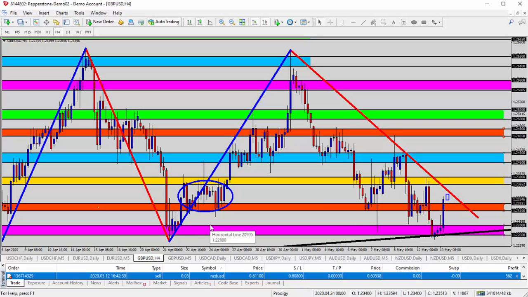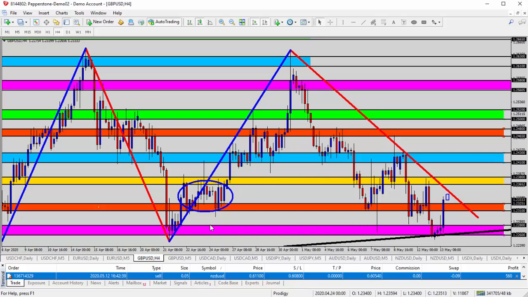What we're going to begin looking for is for it to use that orange zone as support, like it did there at the blue circle, and that could be our first sign of reversal for this currency pair, the pound dollar, to continue to pressure higher. Of course, it would have to break the red trend line and everything beyond that. But first things first, coming off of the pink zone, there's a significant infusion of buy orders.